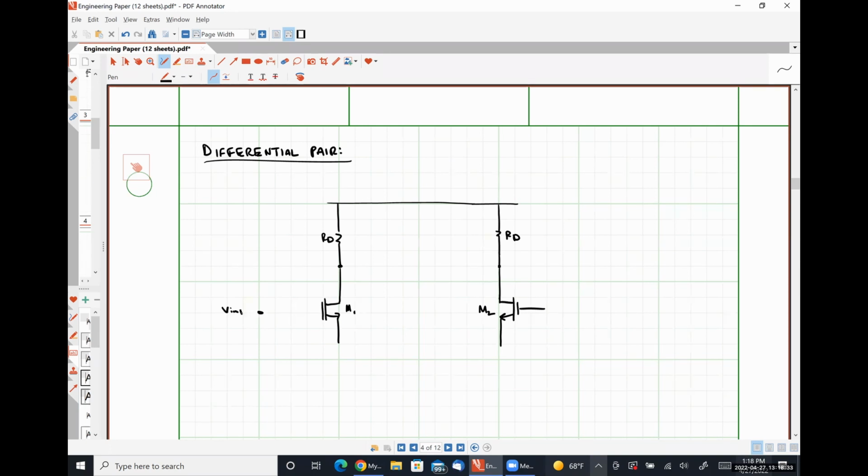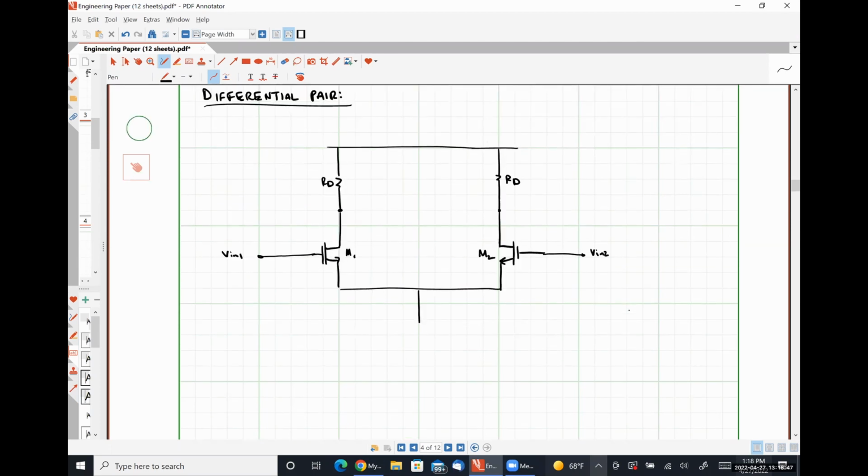Here is VN1. Come way over here for VN2. And then here is our tail current ISS. So this is our bare bone system.